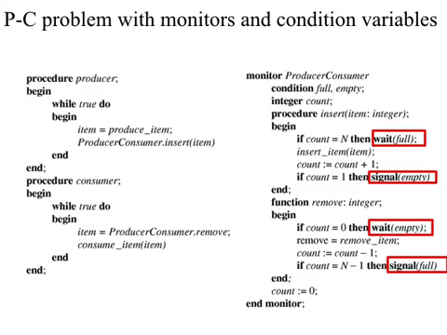So these two routines, insert and remove, are part of one giant monitor. Then there's one giant lock on the whole monitor. What this means is that there can be only one producer or one consumer performing an insert or remove operation at a time.